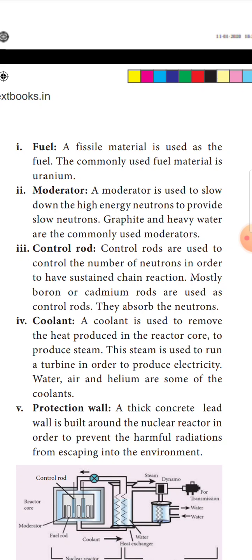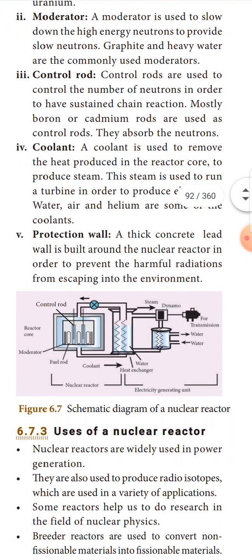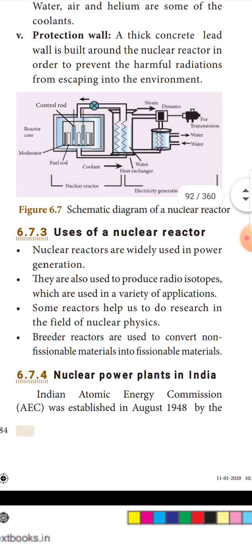Control rods control the number of neutrons to sustain the chain reaction. Boron or cadmium rods are used commonly. They absorb neutrons. A coolant is used to remove the heat produced in the reactor core to produce steam. Water, air, and helium are some of the coolants. Fifth one is the protection wall. A thick concrete lead wall is built around the nuclear reactor to prevent the harmful radiations from escaping into the environment.